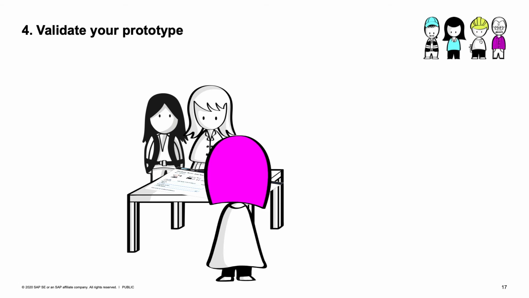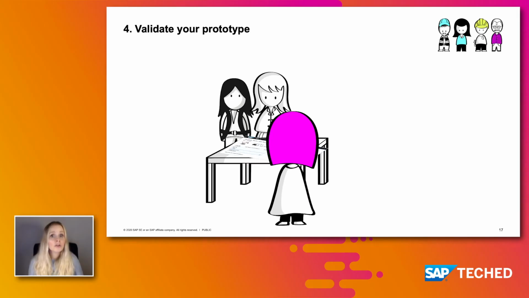Then validate your designs with your end users and incorporate the feedback in your prototype. You can do this through usability testing with predefined scripts and tasks. Afterwards, you can also ask questions about how the end users presume the app will work in their regular environment and for their regular tasks. This step is extremely important, as you will see in a second.